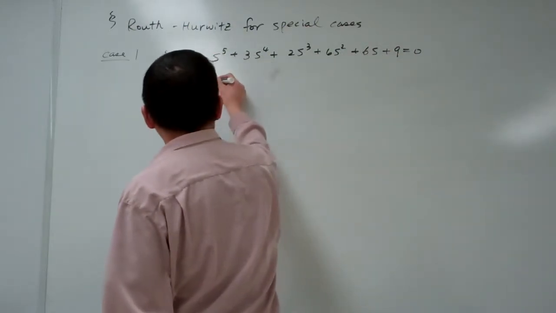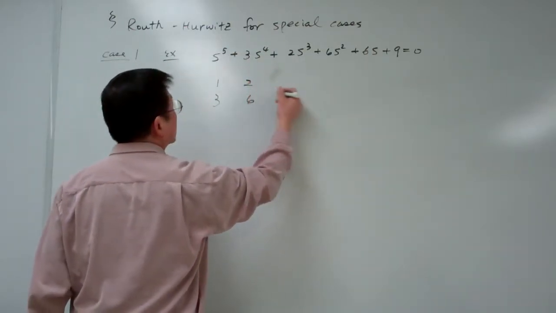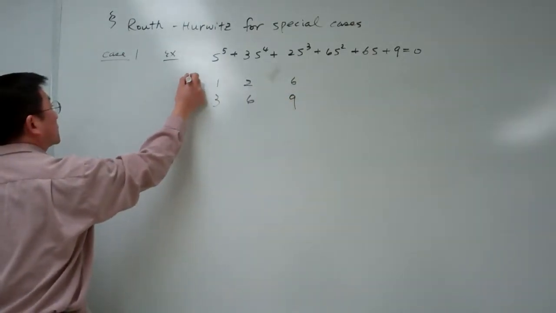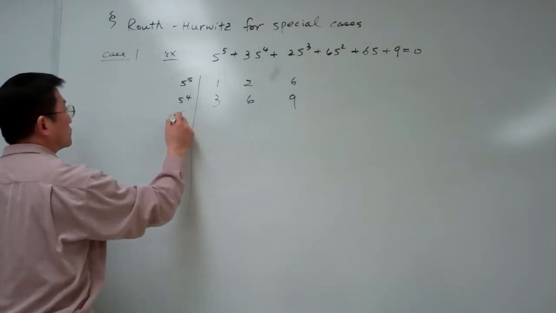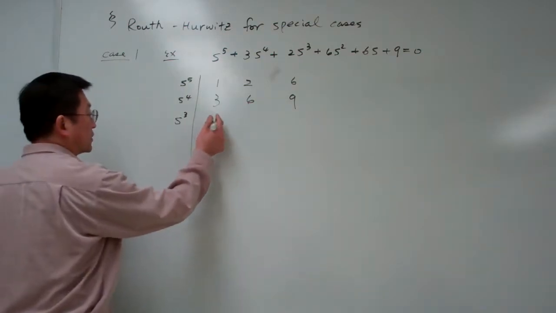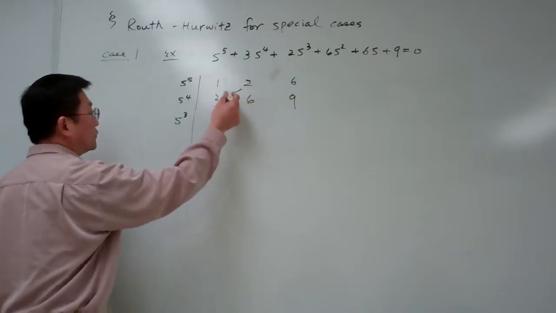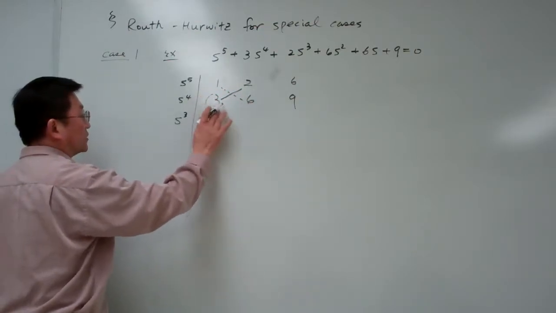So here we have 1, 3, and 2, 6, 6, 9. Okay, so that is s^5, s^4. So we begin to apply the calculations. Basically, this first element is the multiplication of the two numbers minus the other two multiplied, divided by this one.